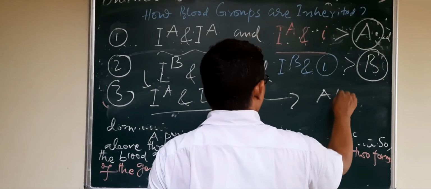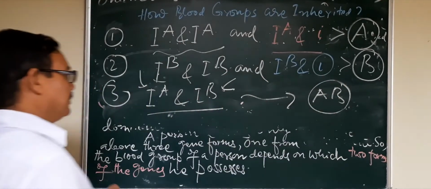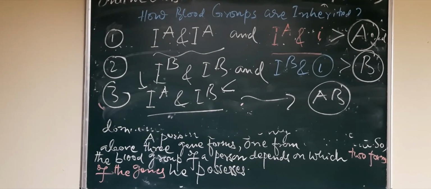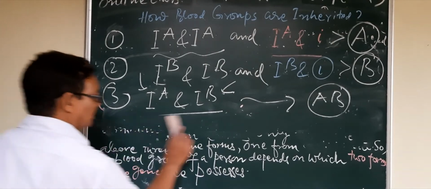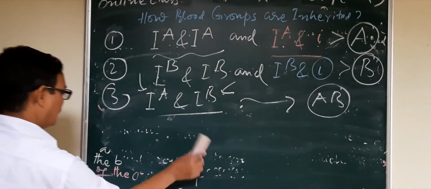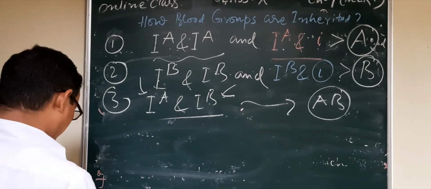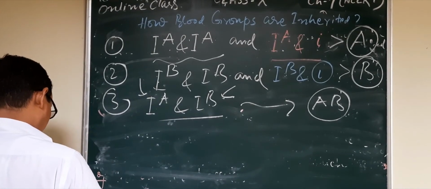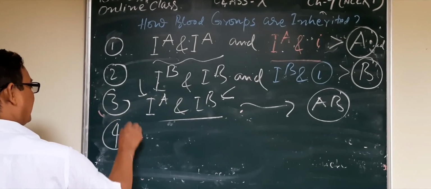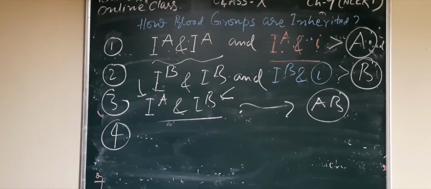There is a blood group AB. Understand? And the 4th possibility is how there will be O blood group.